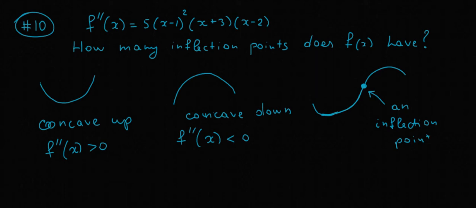In this example, prior to reaching this inflection point, the graph is concave up, so we can say that the second derivative of the function is positive. After passing through the inflection point, the graph begins to bend the other way, and the graph is concave down, so the second derivative of the function will be negative.